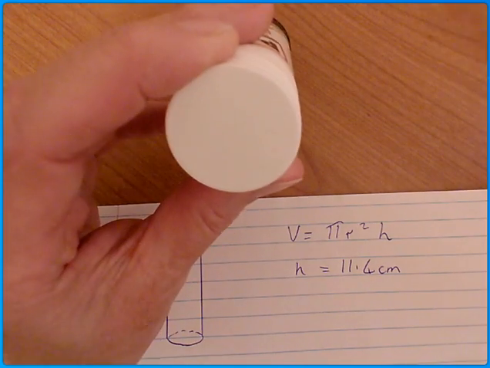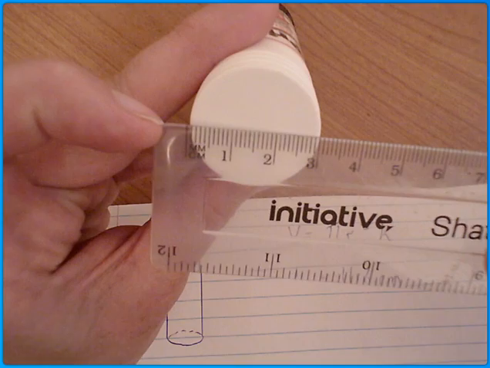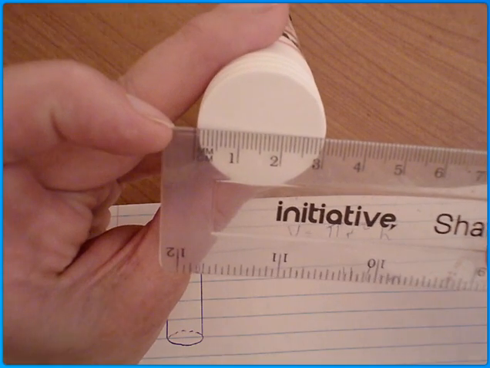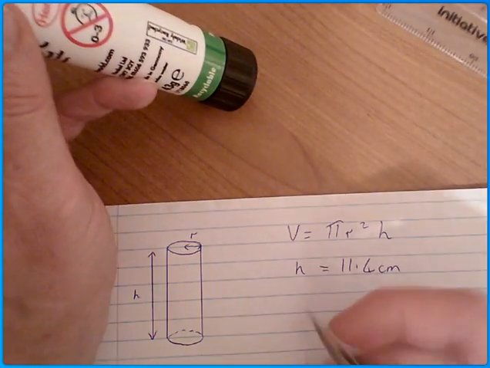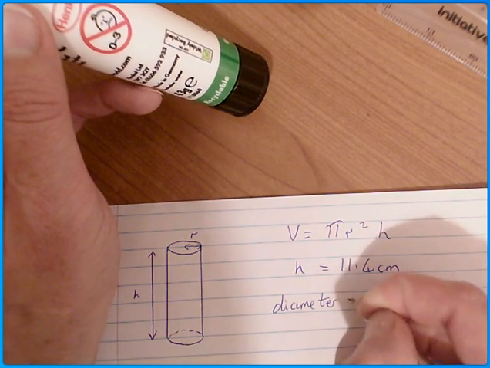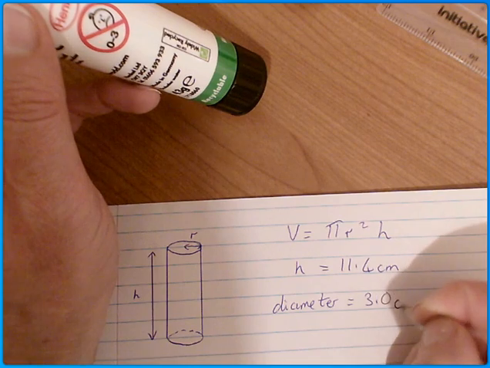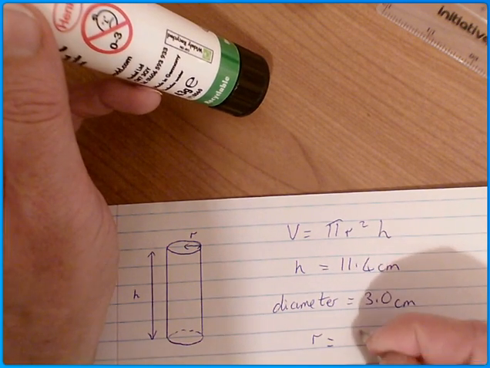What about the radius? Well, it's tricky to measure the radius directly, but I can measure the diameter. If I line that up, you can see my diameter is 3.0 centimetres.